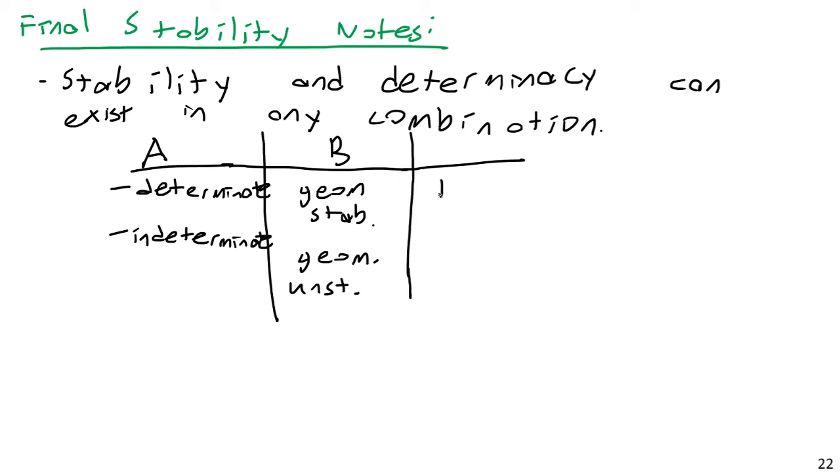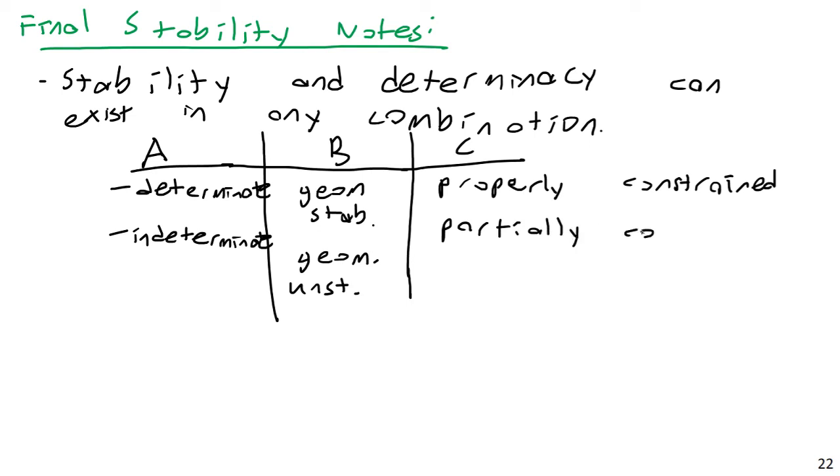So then column C: properly constrained, partially constrained, and improperly constrained.